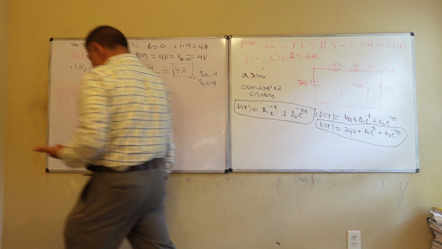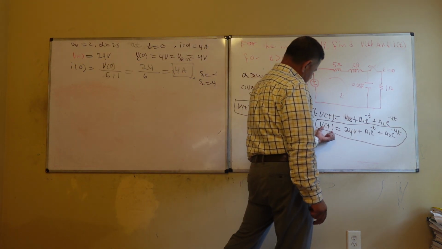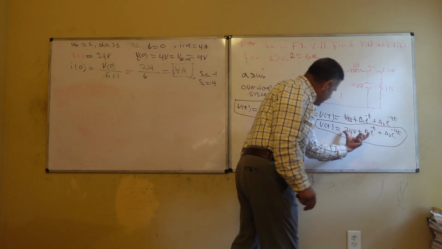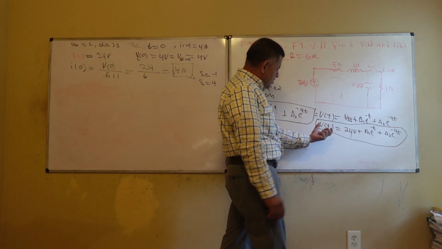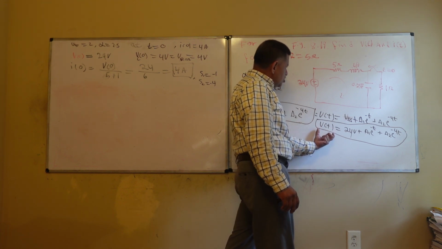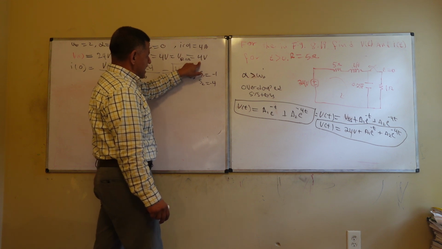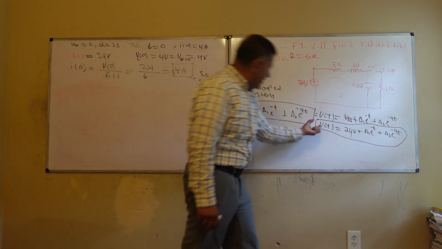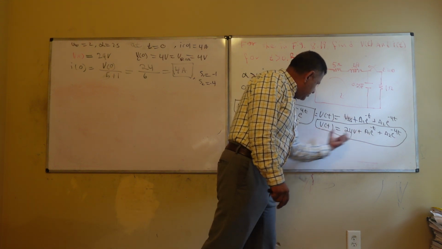So what we can do now is, assuming that this side is 0 at the moment, and leaving that on the other side of the system as a steady state, we can use the condition that voltage is equal to 4 volts at t equals 0 and replace that right here, and then solve this equation.